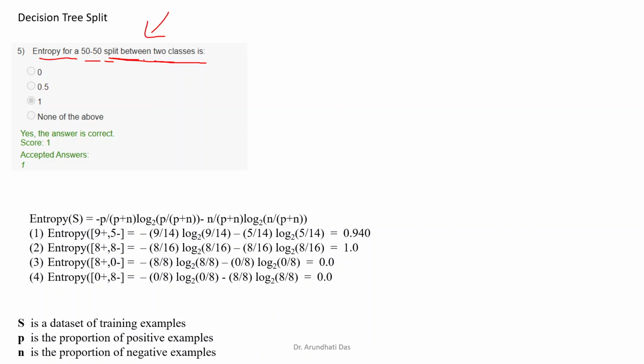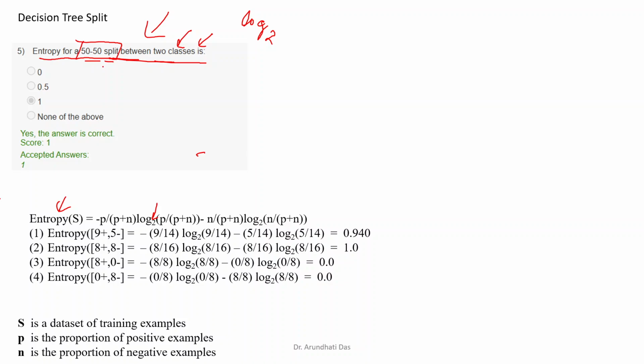It is saying that there are two classes, which means that in the formula of entropy, my base will be 2. Why? Because whatever data set they have given has 2 classes. But they are also giving more information, that it is a 50-50 split.